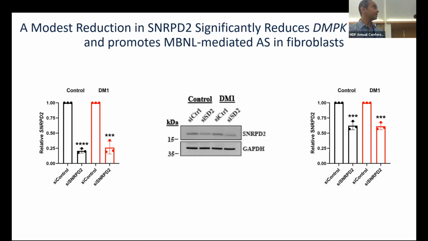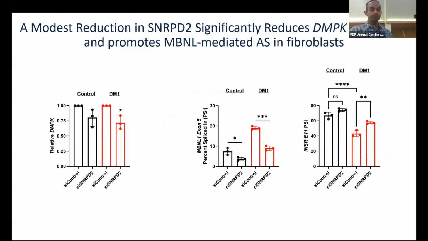And so what we saw is with about 40% reduction, it was sufficient to significantly reduce DMPK expression, albeit it was more modest in the fibroblasts. And interestingly, in the control cells, we did see that it was being affected, although it wasn't significant in this case. And we were also significantly rescuing missplicing of both inclusion and exclusion in DM1 patient fibroblasts.